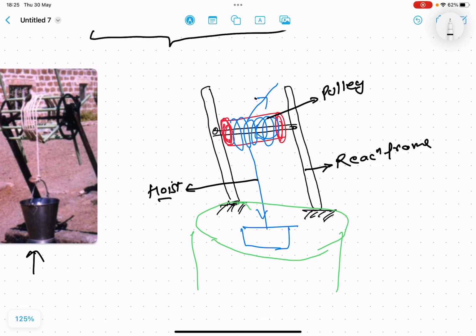When we start putting in an effort F equal to or more than the weight, the load will start moving up and we are able to lift the bucket.